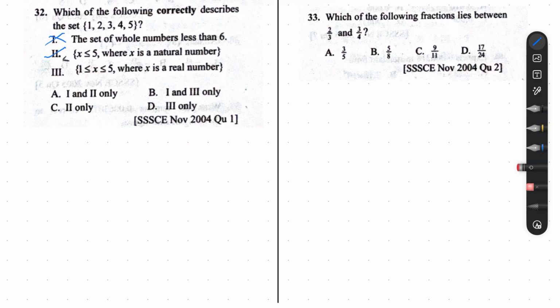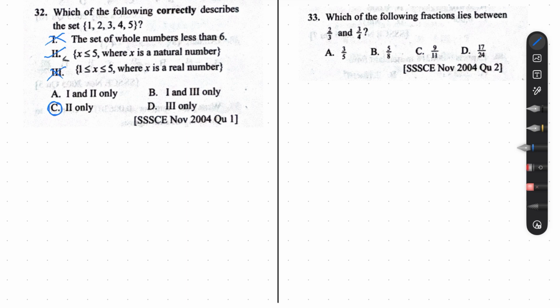But here we only have the numbers 1, 2, 3, 4, 5. So this cannot be the case. So the only answer we have is II, which is C. So that is our answer.